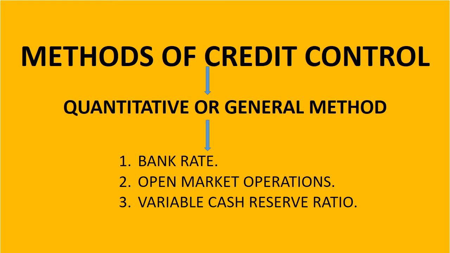As the central bank is only the lender of the last resort, the bank rate is normally higher than the market rate. For example, if the central bank wants to control credit, it will raise the bank rate. As a result, the market rate and other lending rates in the money market will go up. Borrowing will be discouraged. The rising of bank rate will lead to contraction of credit.